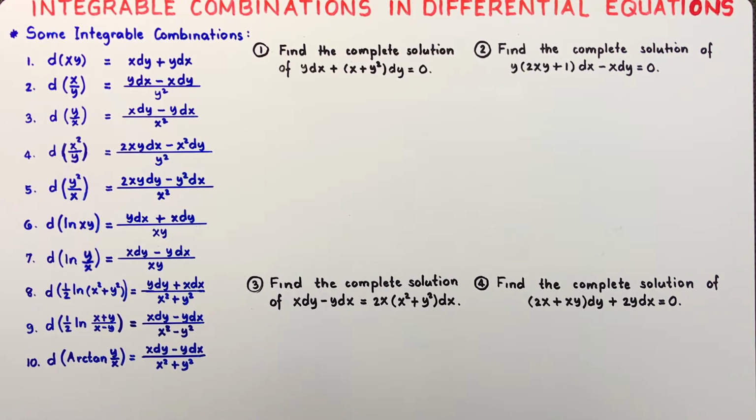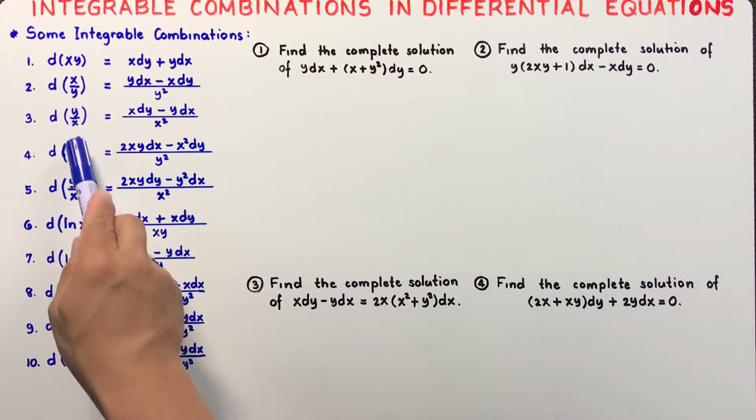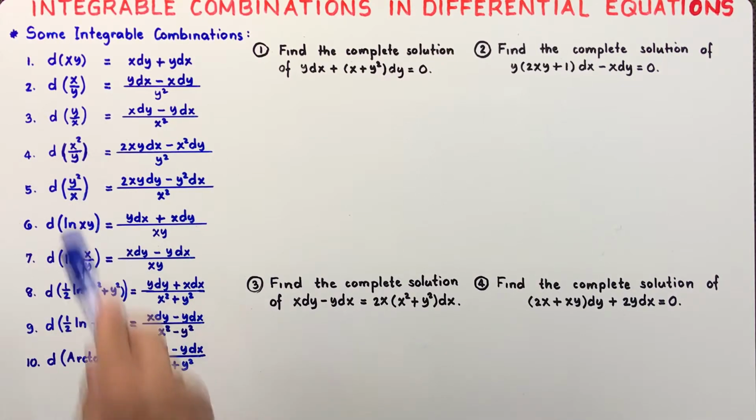So for number 4, we have 2xy dx minus x squared dy divided by y squared, which is also the derivative of x squared divided by y, because if you take the derivative of x squared divided by y implicitly, this is the answer.